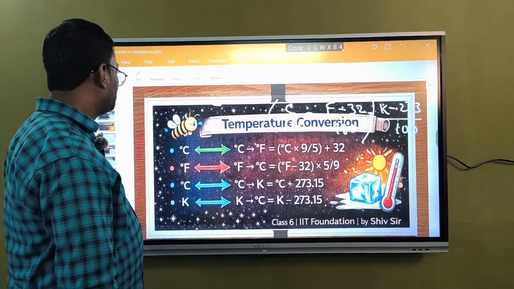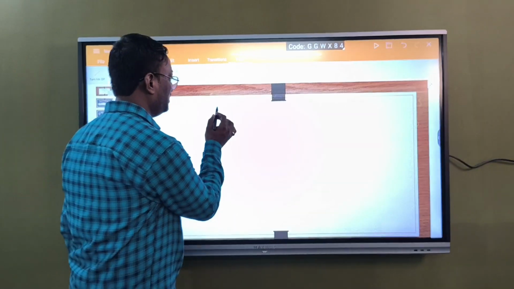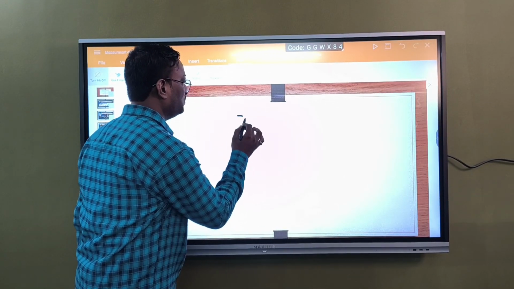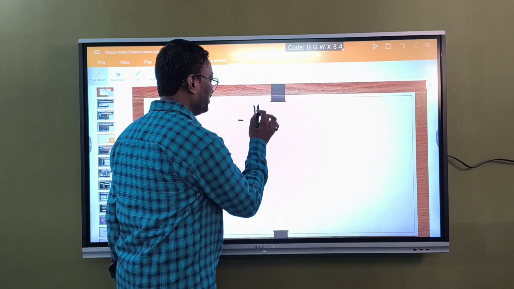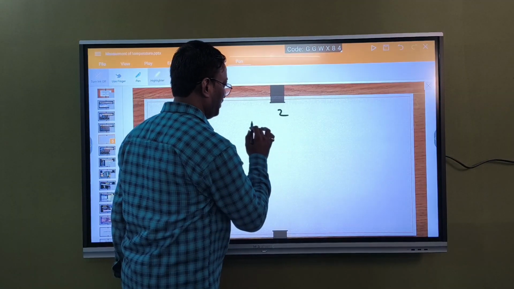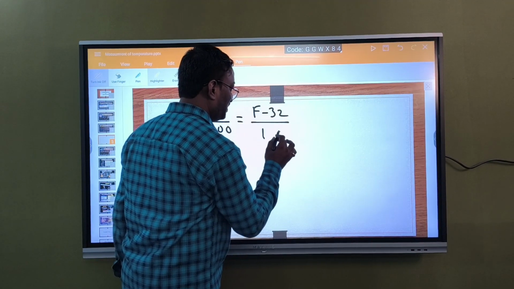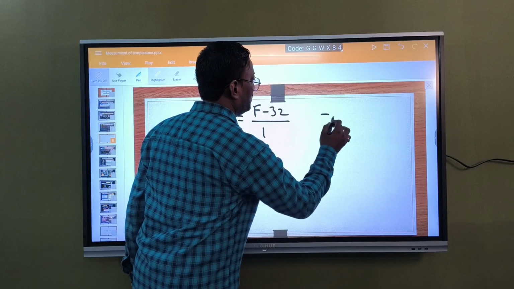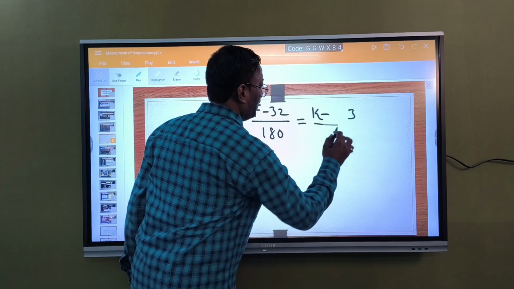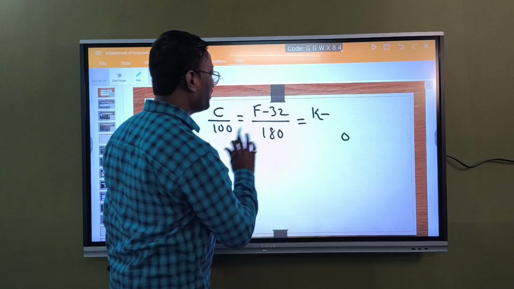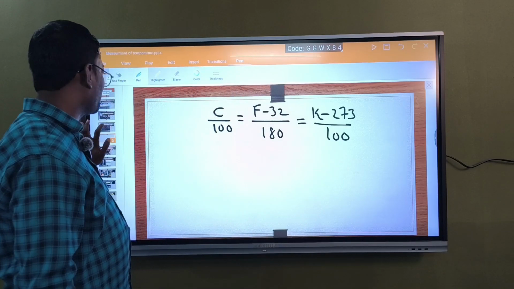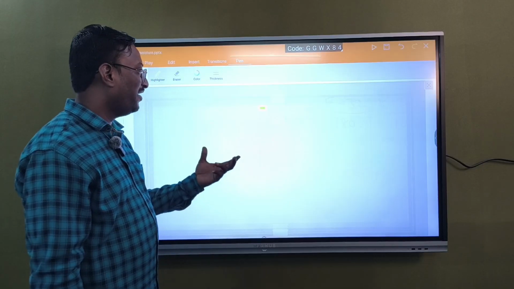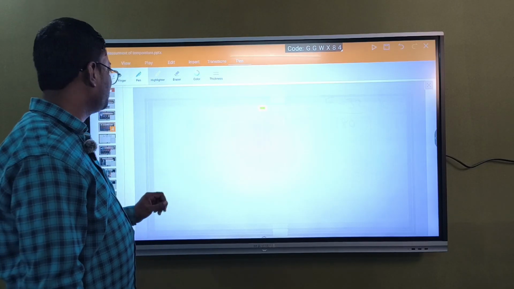Actually this will be like this: C by 100 is equal to F minus 32 by 180 is equal to K minus 273 by 100. So from this we got this formula. This is not the direct formula, so I will tell you how we got this.